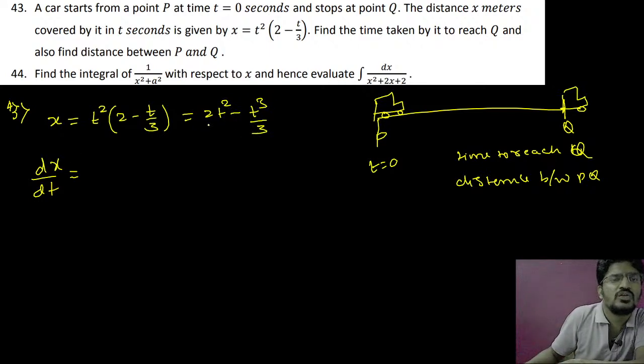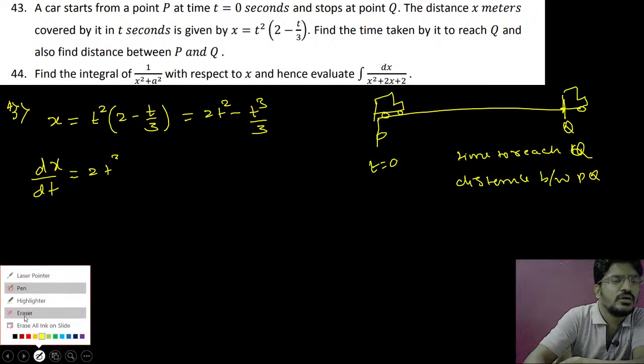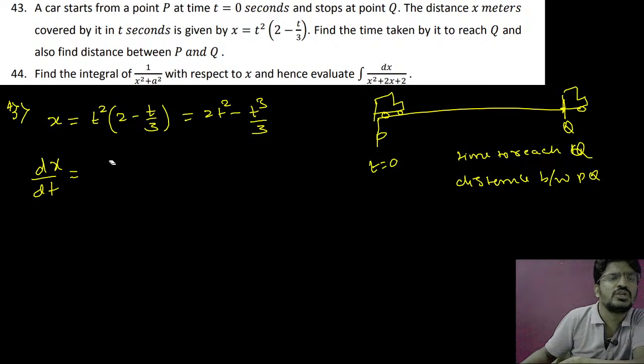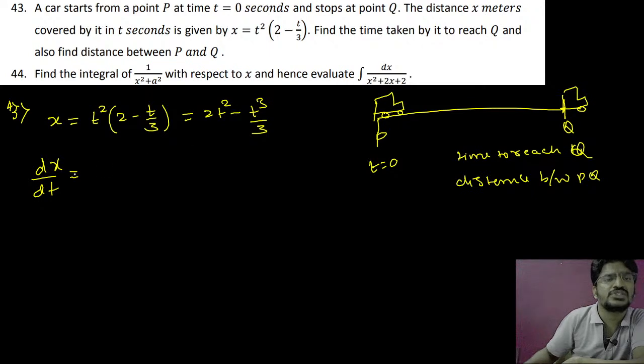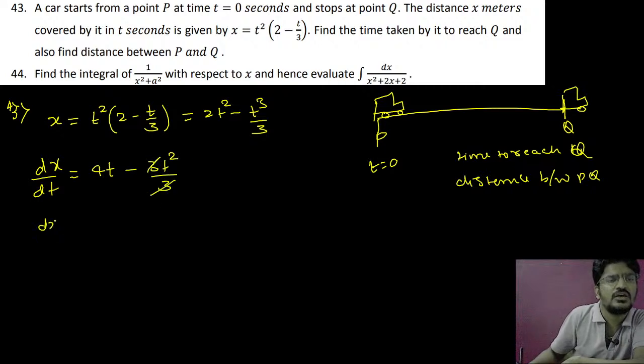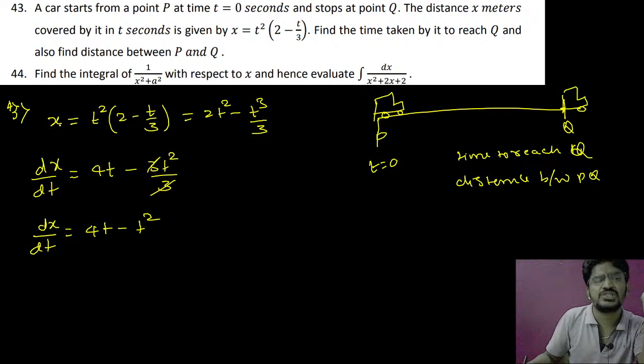So if I differentiate 2t square, it will be 4t, minus, if I differentiate this, it will be 3t square divided by 3, 3 will get cancelled. So dx by dt equal to 4t minus t square.